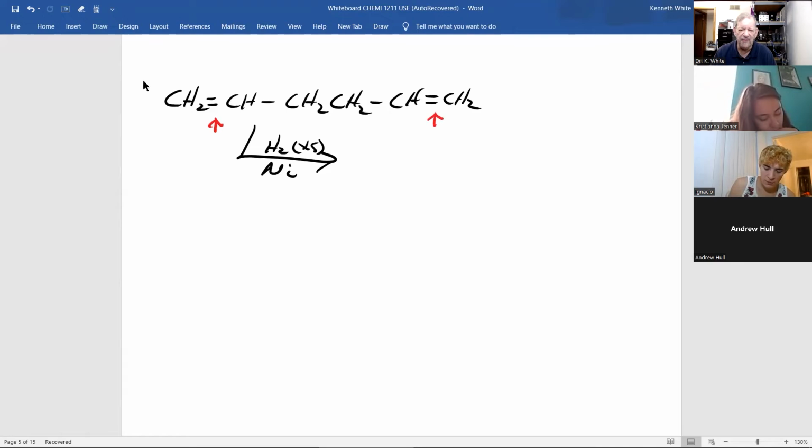Now, when double bonds are separated by one or more carbons, they react like they're alone. Even more than one is better.